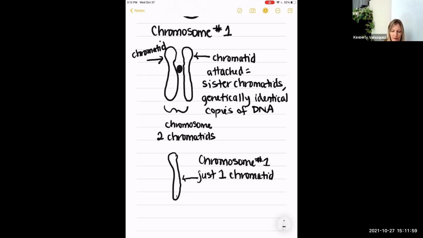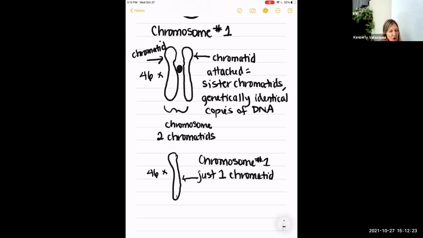And sometimes it will have two that are attached, depending on where in the cell cycle that cell is. And you'll see that when we tell the story today. So if this was a human cell, you would have this times 46. And sometimes in the cell cycle, you would have this times 46. So you'll see me referring to that.